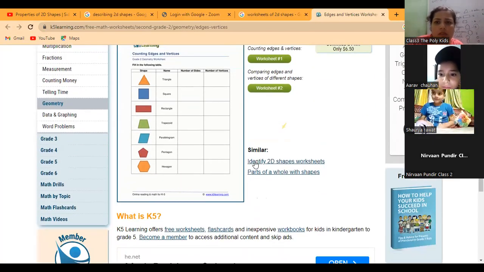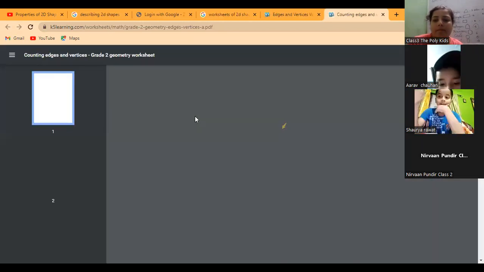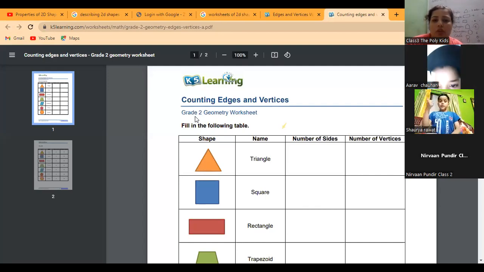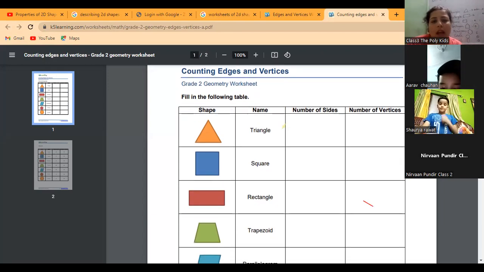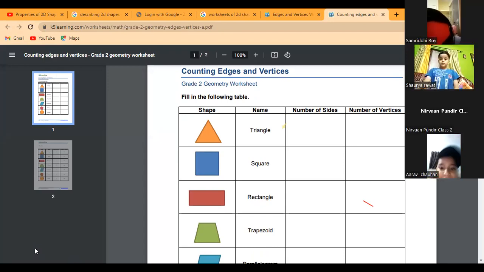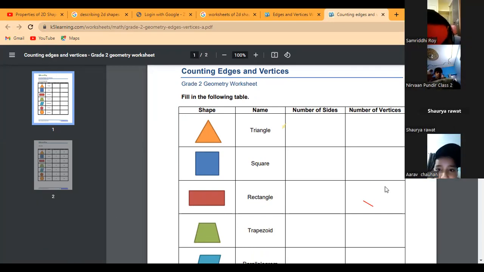Can you see it? Is it visible to you or not? Tell me. Arav, don't write on the screen. Okay. Is the screen visible to you or not? Yes, ma'am.